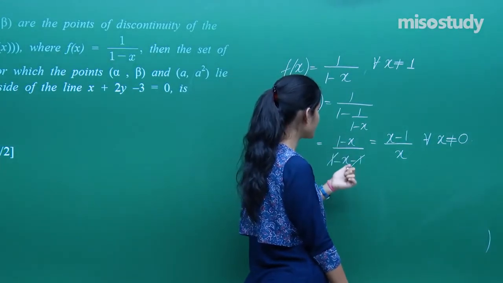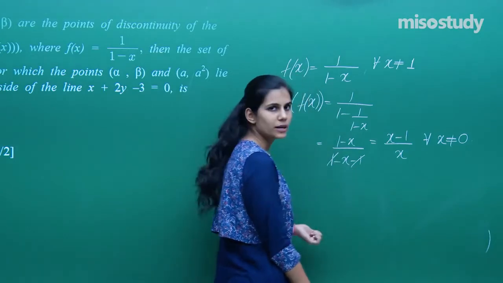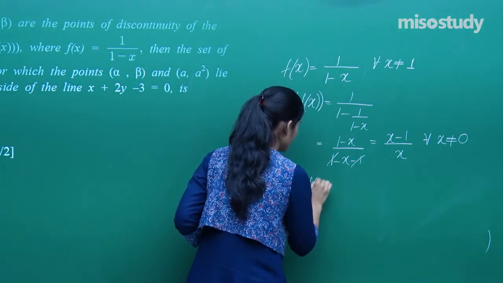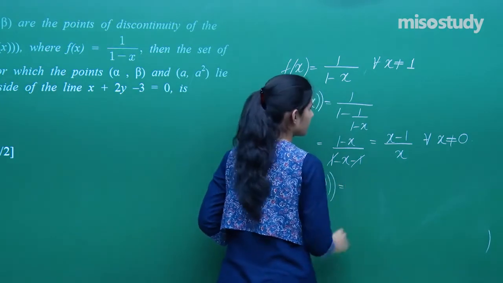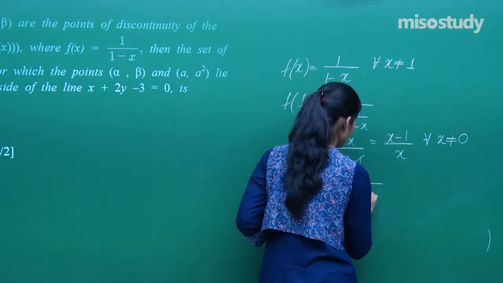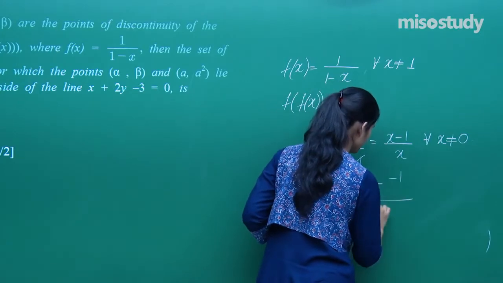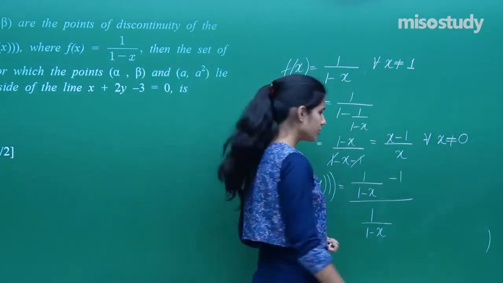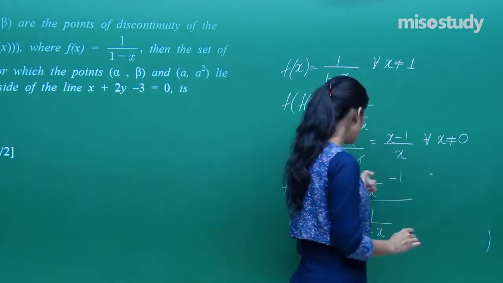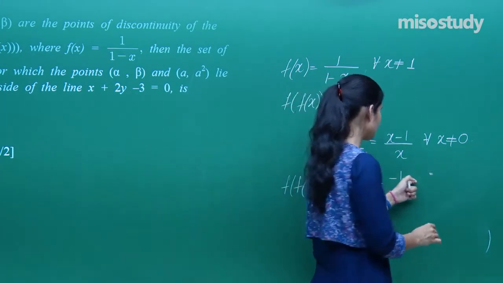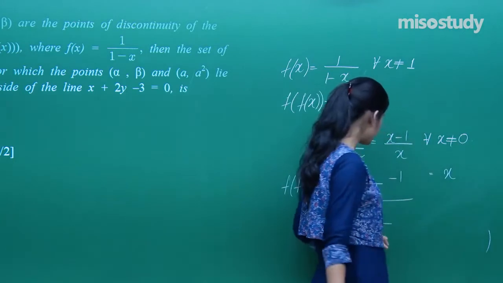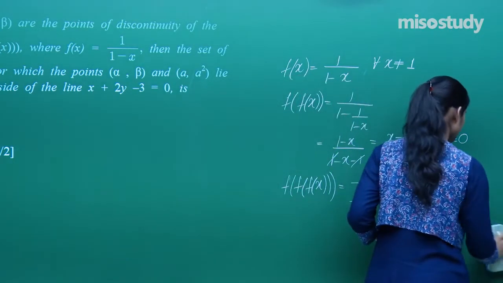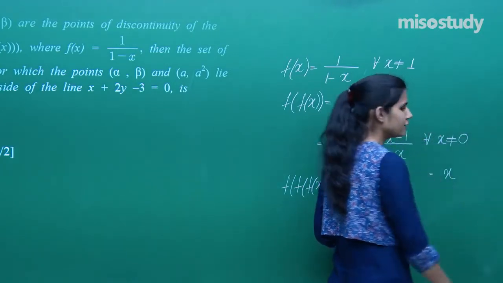So this is 1 minus x upon minus x, or x minus 1 upon x. Then you have f of f of f of x, which is 1 upon 1 minus x minus 1 whole upon 1 minus x. So this gives you basically 1 minus 1 plus x, which is just x, and these two things get cancelled out. So you are just left with x, which is defined for every real number.